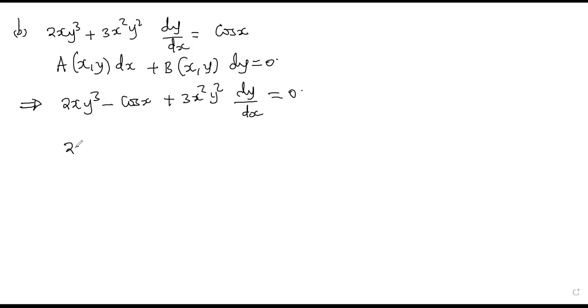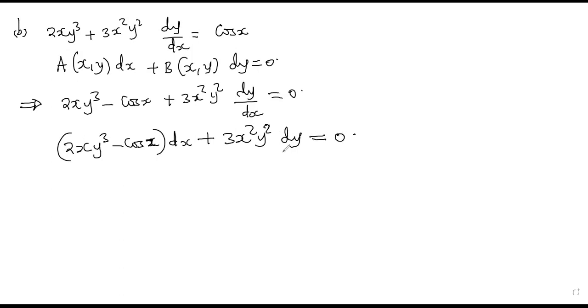So we shall have (2xy cubed minus cos x) dx, then plus 3x squared y squared dy, and this should be equal to 0. Now, after having put this equation into the form where we want it, we can get the partial derivatives.